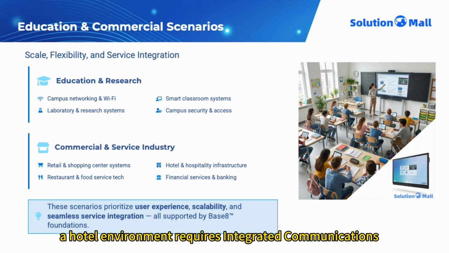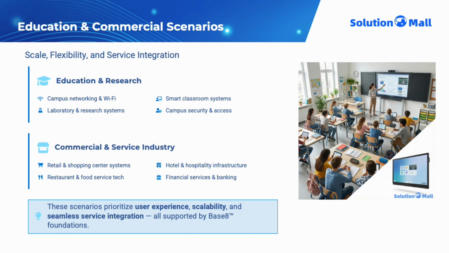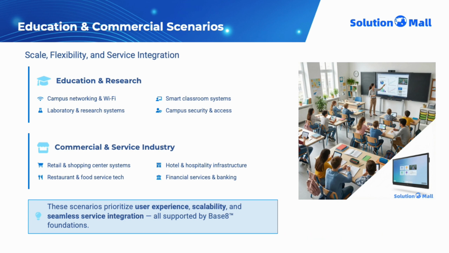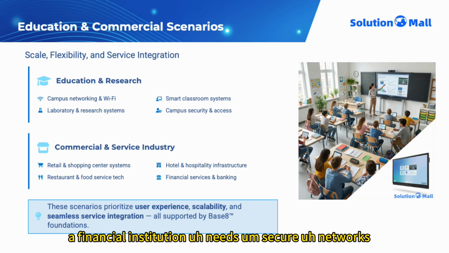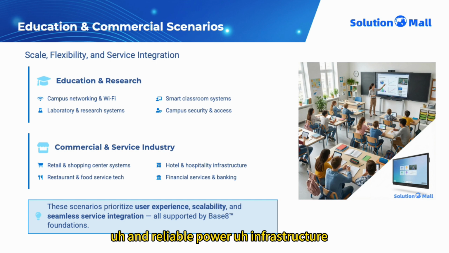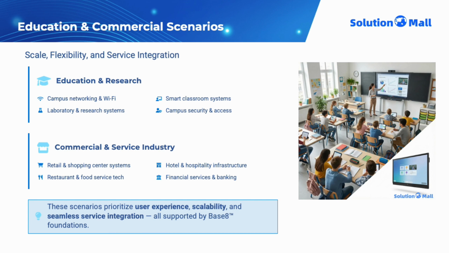A hotel environment requires integrated communications, guest entertainment systems, and efficient energy management. A financial institution needs secure networks, queue management systems, and reliable power infrastructure. Different environments, different operational priorities, but all supported by the same Base 8 engineering foundation.